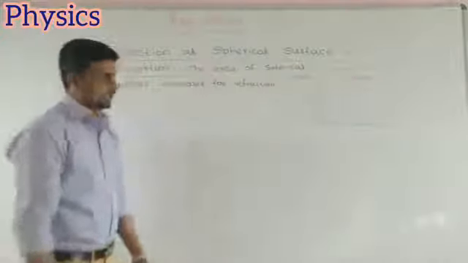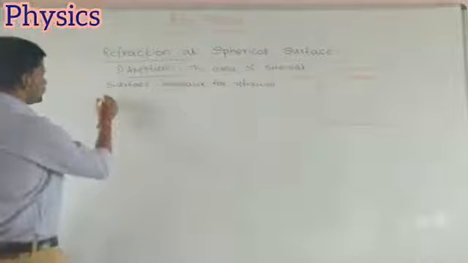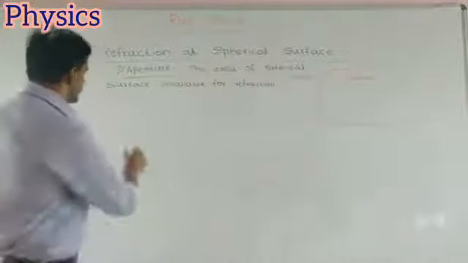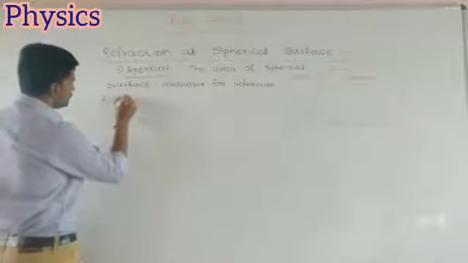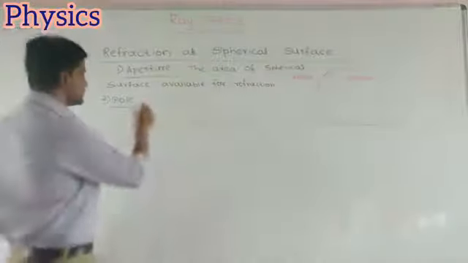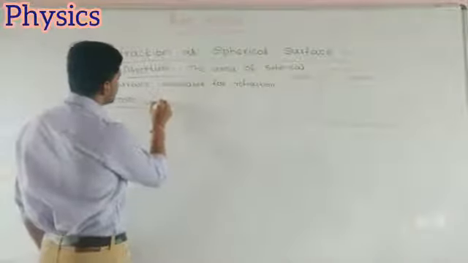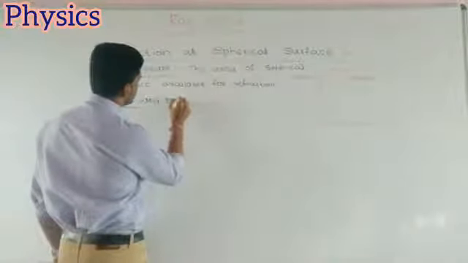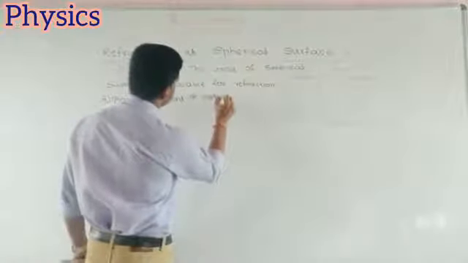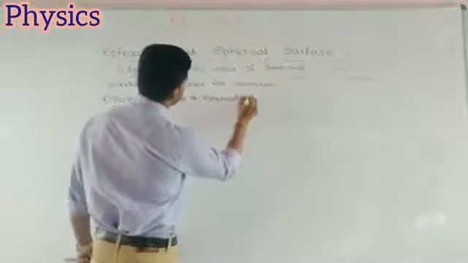This is the first term, and another term which we commonly use for a spherical surface is the pole. Pole of the spherical surface. Pole is nothing but the midpoint of the spherical surface.